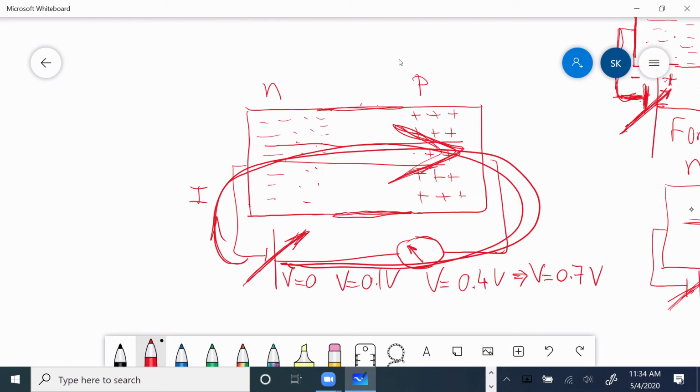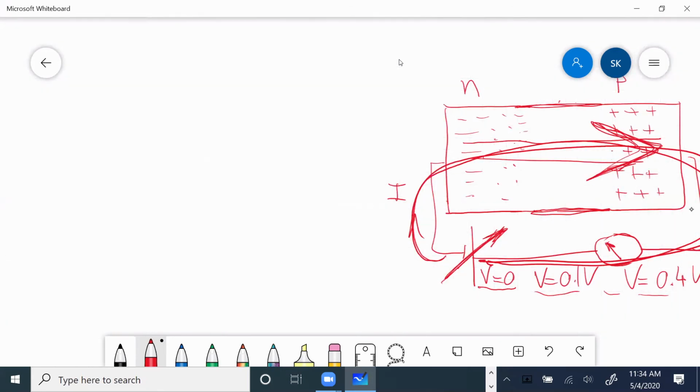If that is the case, remember I applied 0.0, 0.1, 0.2, 0.4, 0.6, all the way to 0.7. I just want to now plot that, by plotting current there and voltage there. Voltage in volt, current in milliamp.